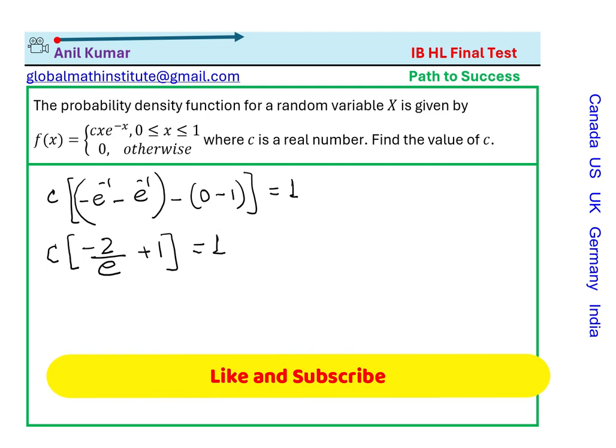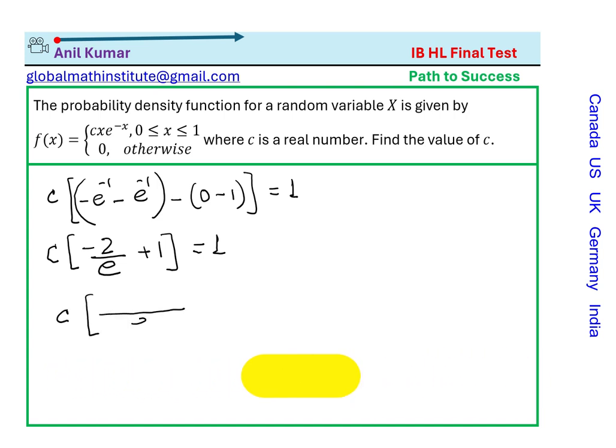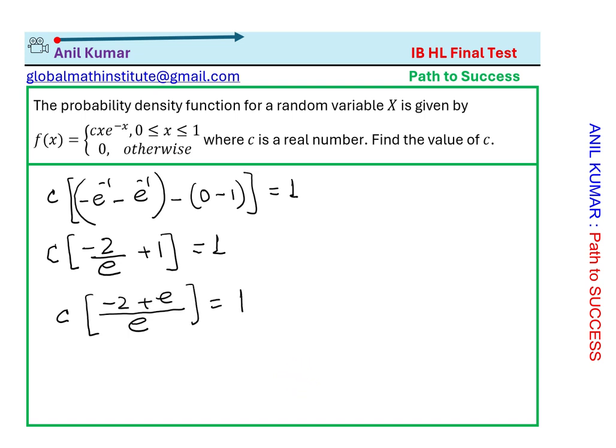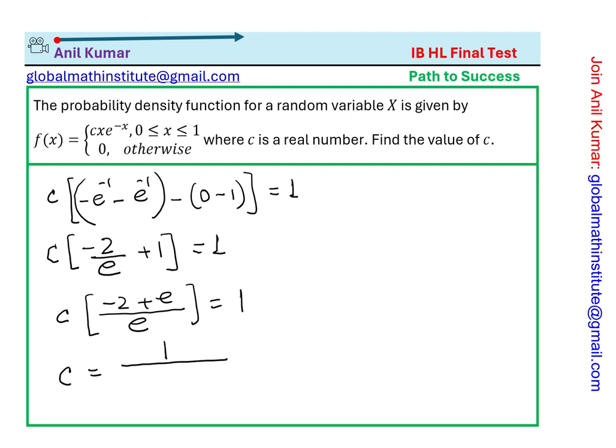So taking e common, we get c times the quantity minus 2 plus e over e, equals 1, or c is equal to 1 over all this. We can just flip and multiply.